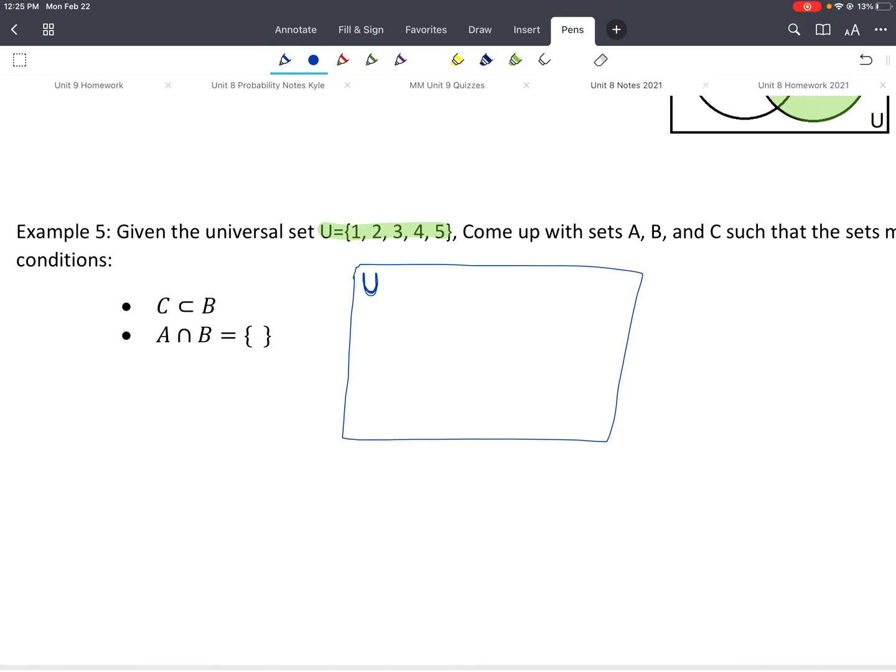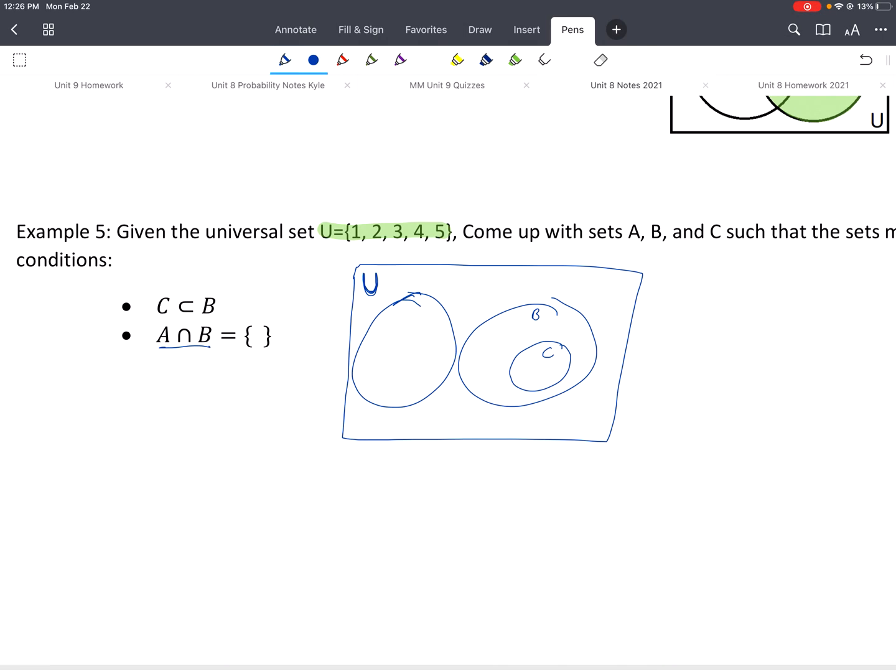One is B, and C is a subset of it. So we'll do something like this. And then we also have A, but it says that the intersection is empty. So they have nothing in common. So if there's nothing in common, then they're not going to cross each other.